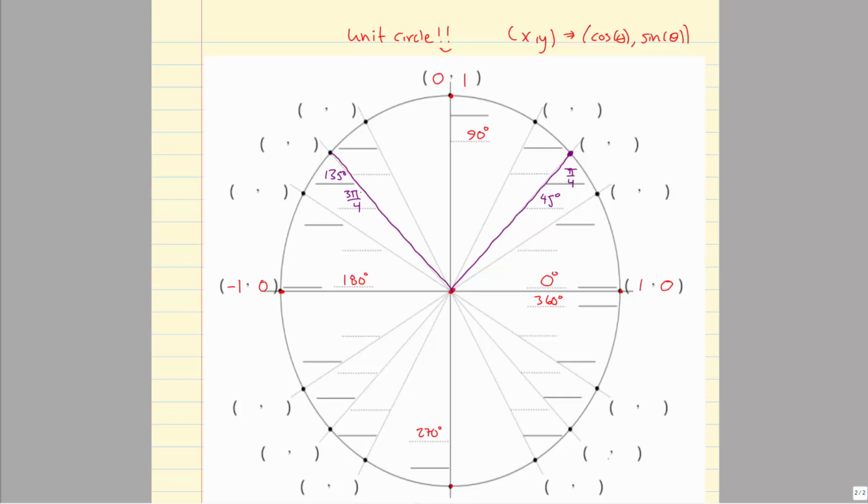Another multiple would be 4 pi over 4, which would put me at 180. And this would be 5 pi over 4, 180 plus 45, which would put me at 225 degrees. I think I might have messed up; this is supposed to be 135 on the dotted line, and 3 pi over 4 here. So here's 5 pi over 4.